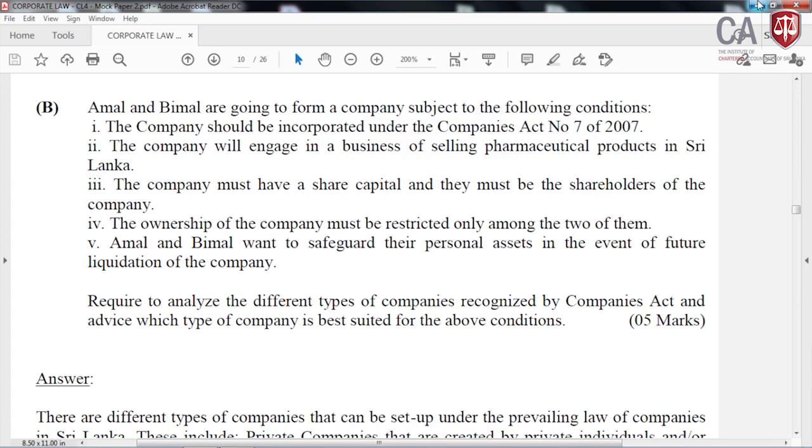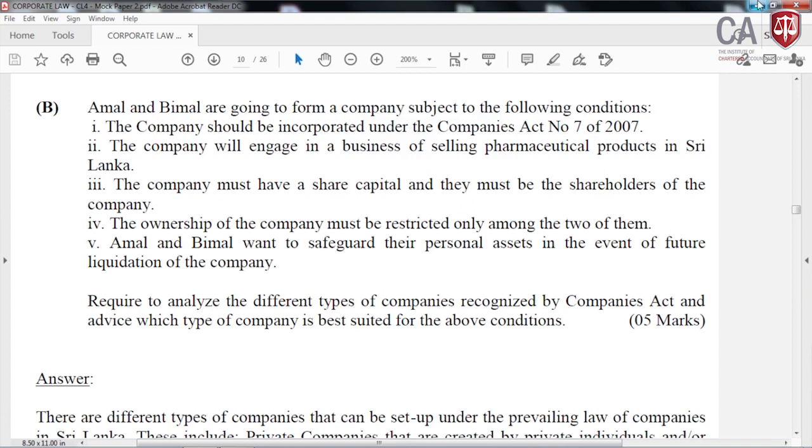The company must have a share capital and they must be shareholders of the company. The ownership of the company must be restricted only among the 2 of them. Amal and Bimal want to safeguard their personal assets in the event of future liquidation of the company. So what you are required to do is analyze the different types of companies recognized by the Companies Act and advise which type of company is best suited for the above conditions.